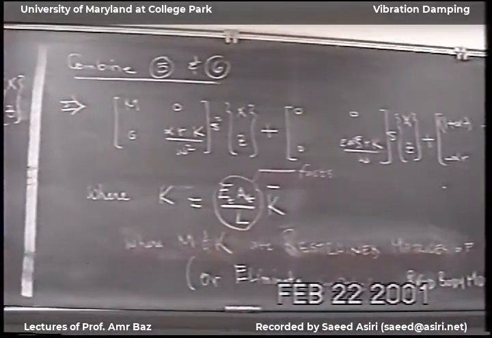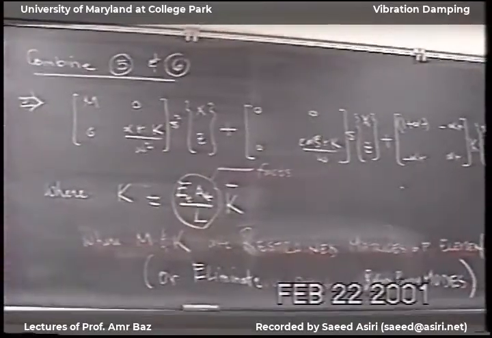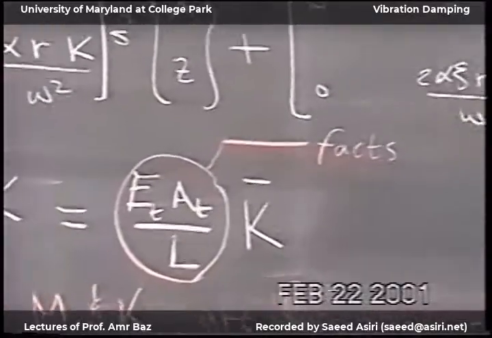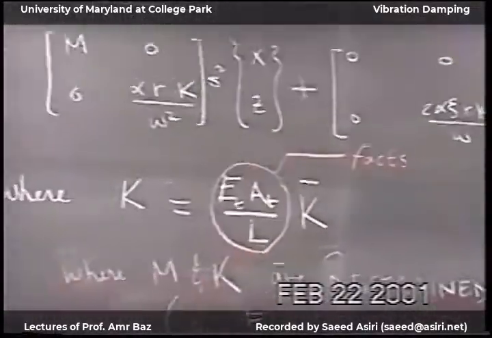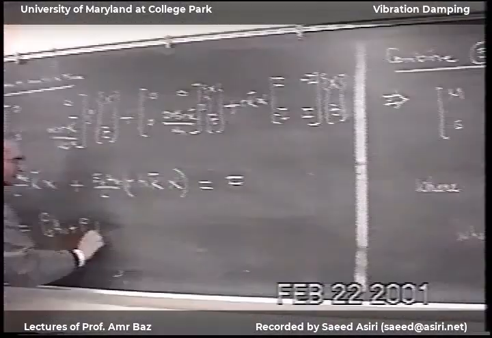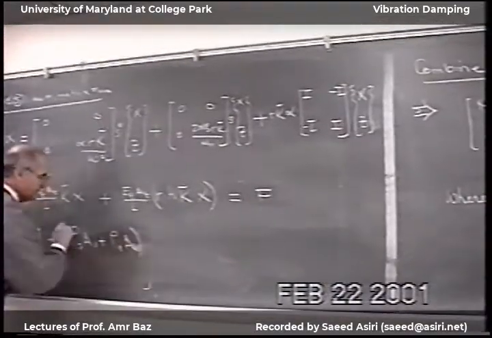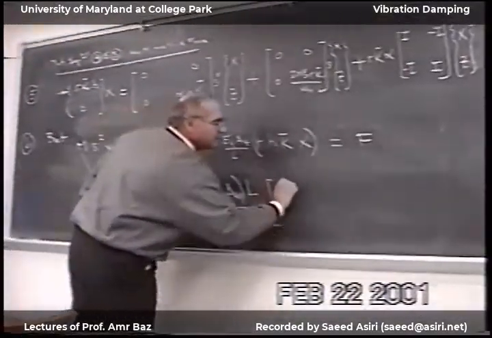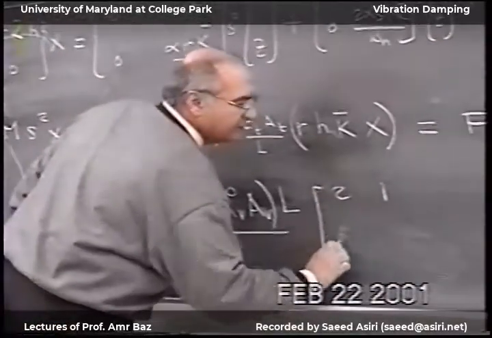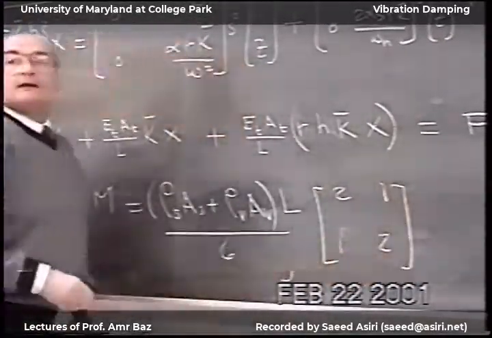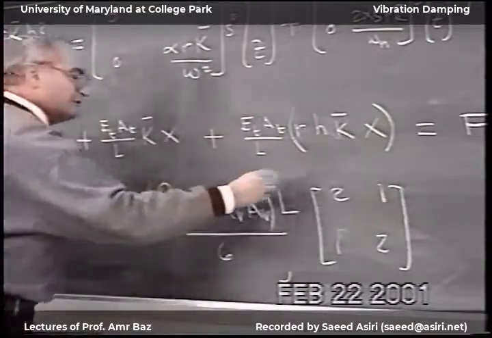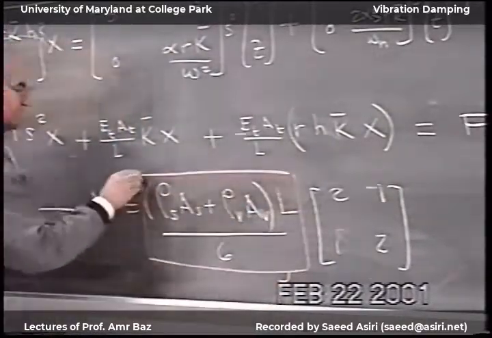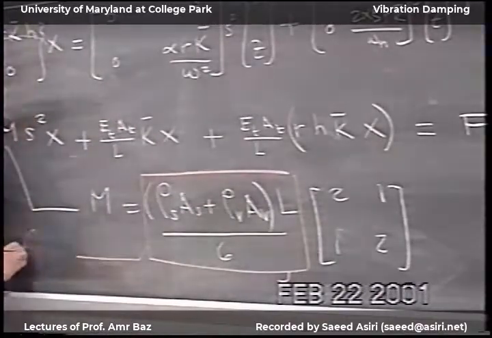The mass matrix, if you remember from last lecture, was equal to rho structure, A structure, rho viscoelastic, A viscoelastic, this whole thing times L divided by 6, 2, 1, 1, 2. So this factor is factor of the mass matrix.